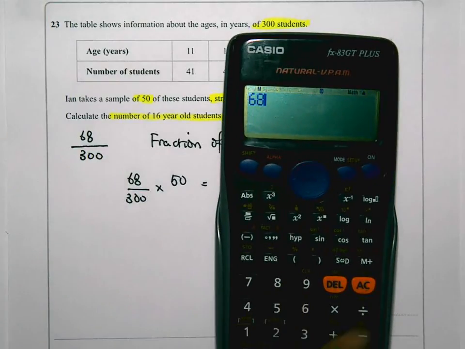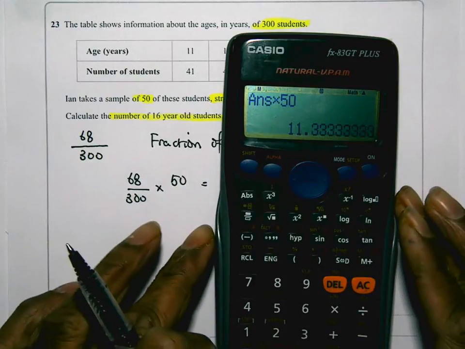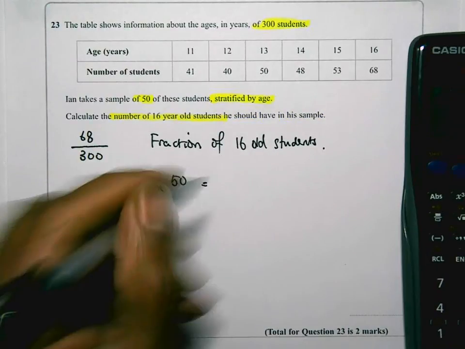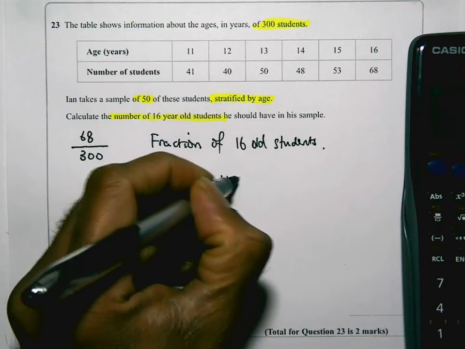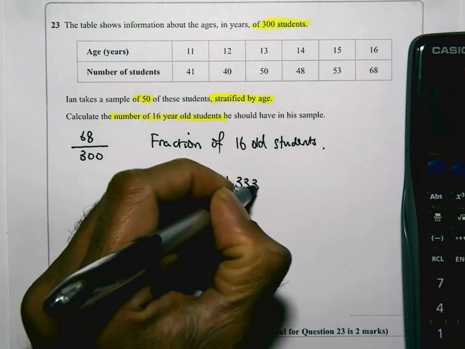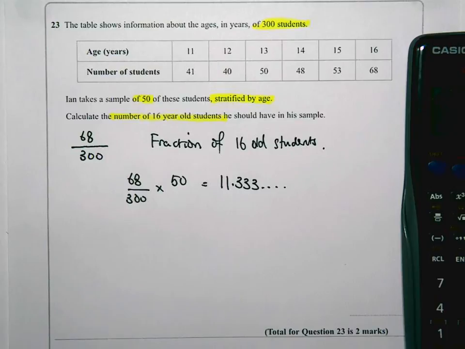68 divided by 300, work that out, and then times that by 50 equals 11.333 recurring. But if it's students that he's picking, he has to pick individuals, right?